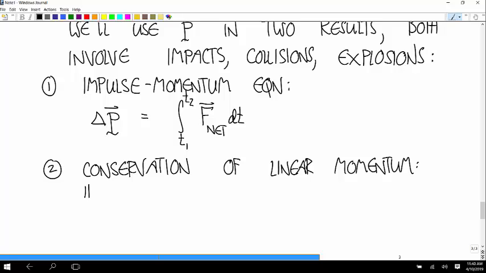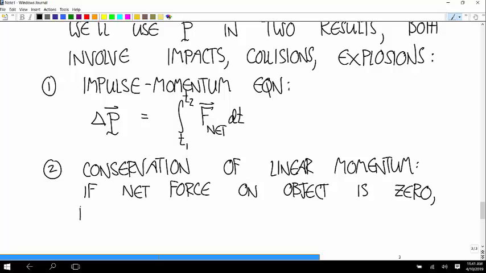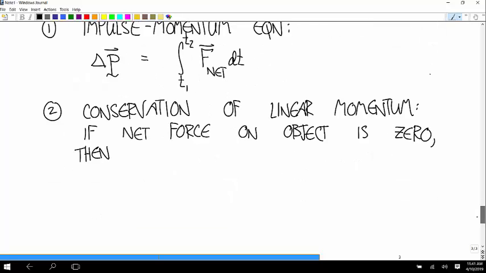That says if the net force on an object is 0, and when I say object, it could also be a collection of objects or a piece of an object, whatever you're isolating, then the object's linear momentum at instant 1 is the same as the object's linear momentum at instant 2.